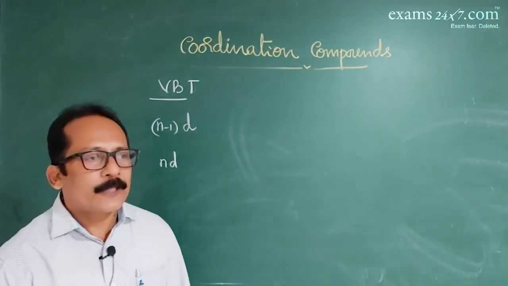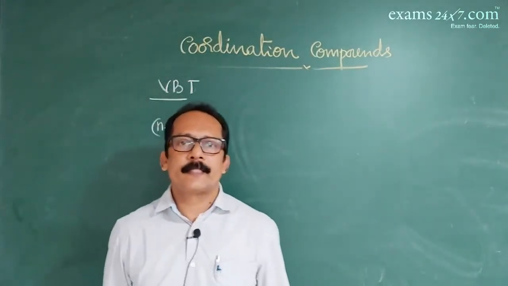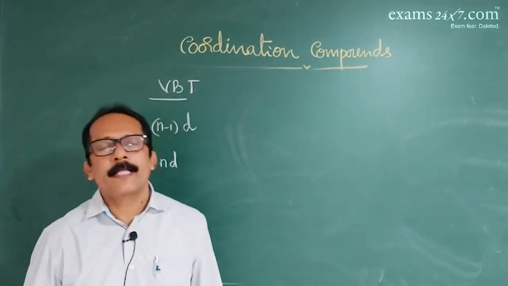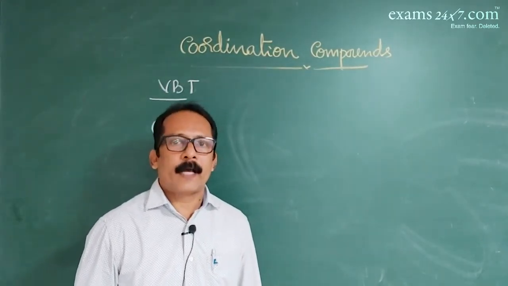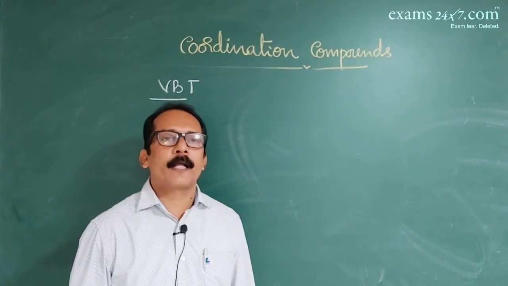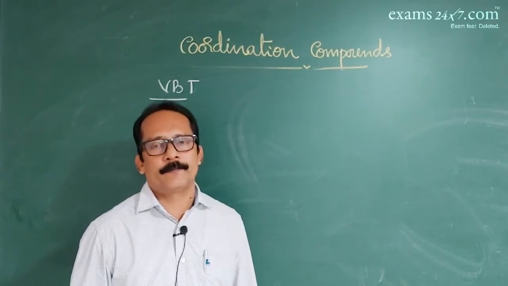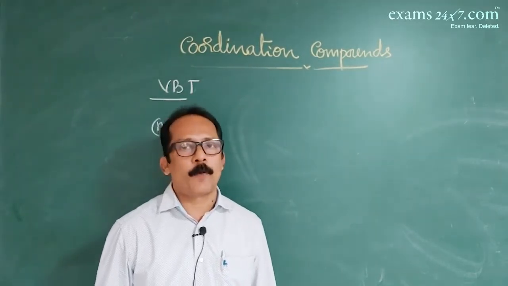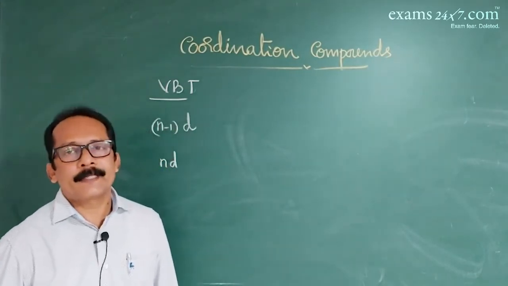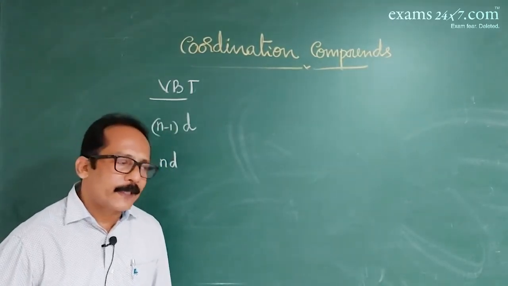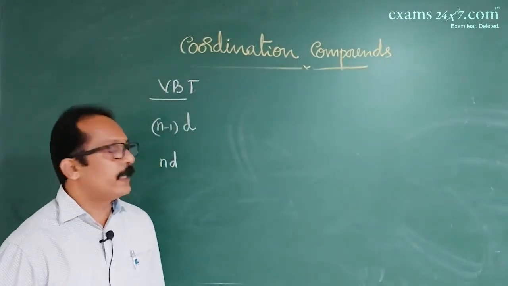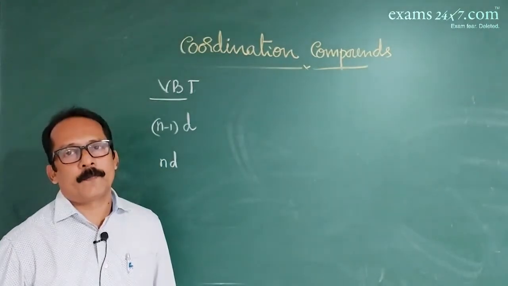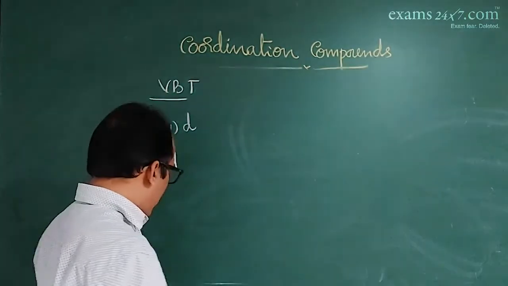Then again, based on the strength of the ligand, there are low spin and high spin complexes. If strong ligands are present in the complex compound, that gives a low spin, inner complex. If only weak ligands are present, that's called high spin, and that results in the outer complex. Now, we'll take some examples.